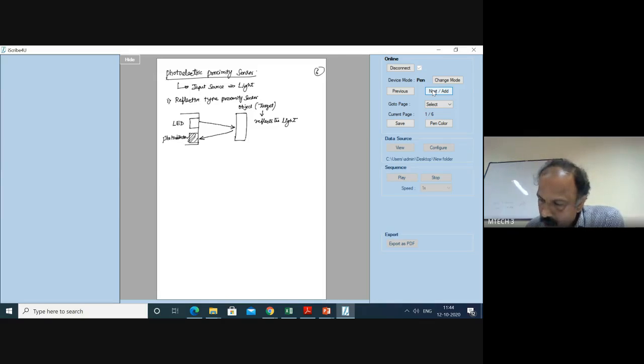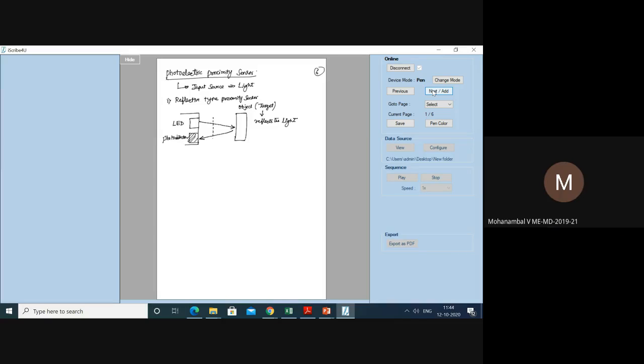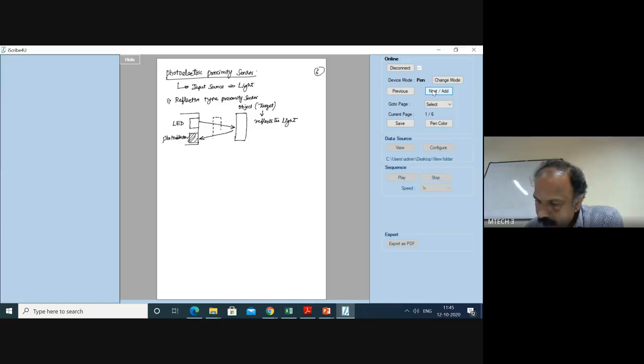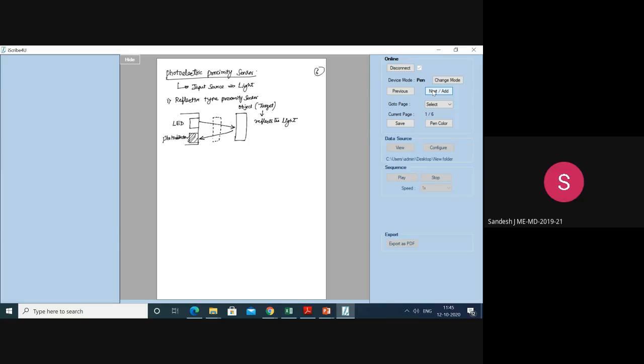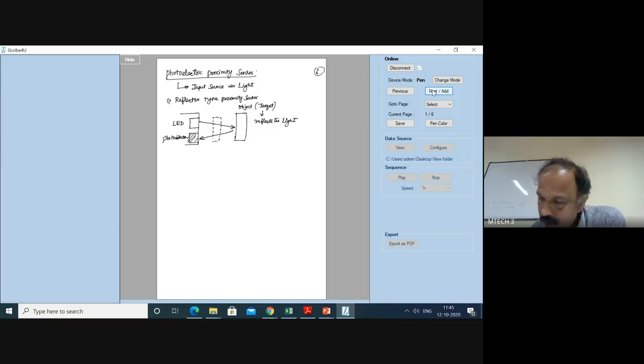So this is my object now. When I move the object, what is the time taken for the photo detector to receive the light? Will it be more than the previous or lesser than the previous? Lesser than the previous. When you are moving the object, what are you doing? You are displacing it. Yes or no?